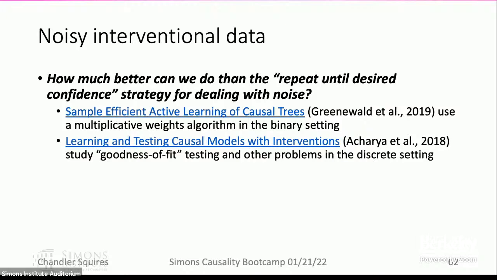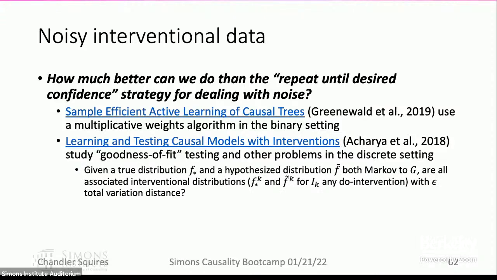This paper studies a few other problems in this setting. I think somebody asked a question earlier about how to pick interventions to learn the equations in a model. They also do that, but all this is more in the setting where I have a fixed graph that I'm given, and either I'm trying to learn the equations for it, or I'm trying to test if the model I have is a good one for the data.